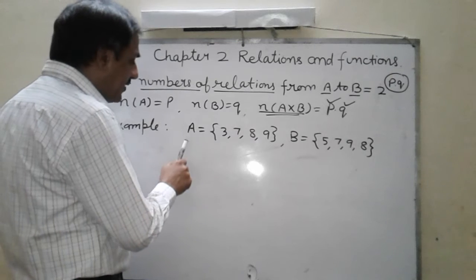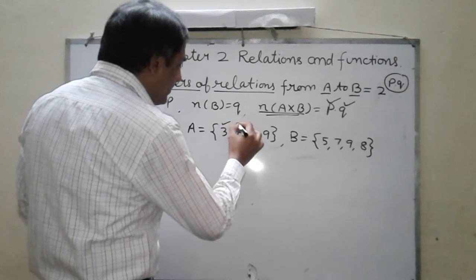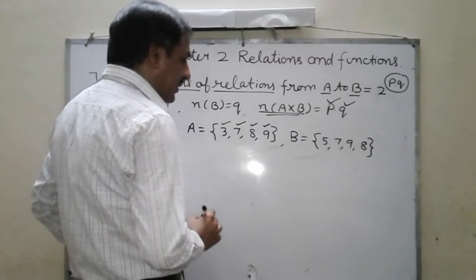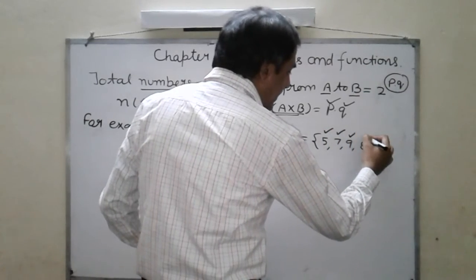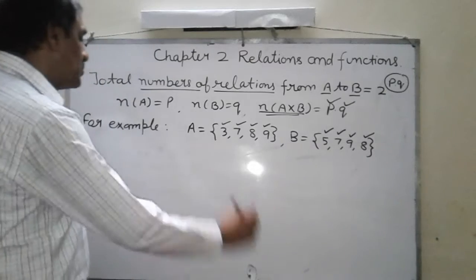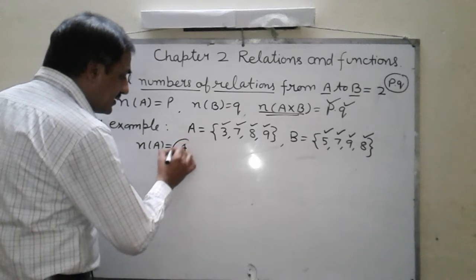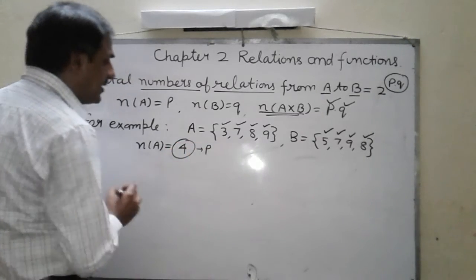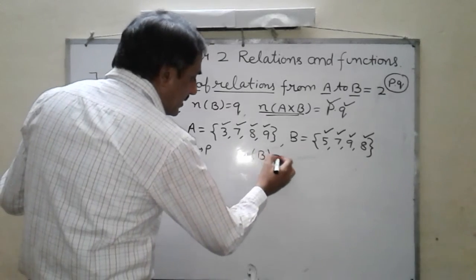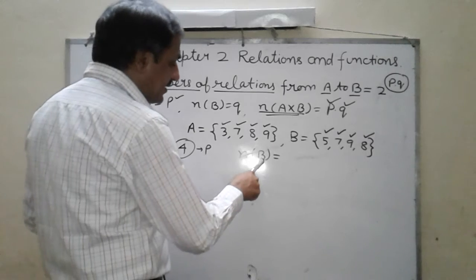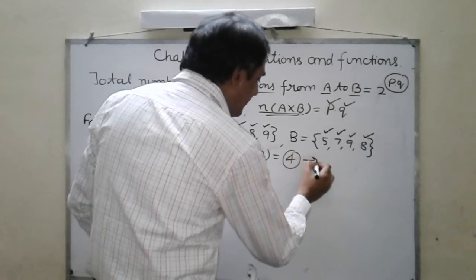Here the number of elements of set A is equal to 4, 1, 2, 3, 4, and the number of elements of set B is equal to 5, 7, 9, 8. So the number of elements in set A is equal to 4. This is the value of P. And the number of elements of set B is equal to 4. This is the value of Q.